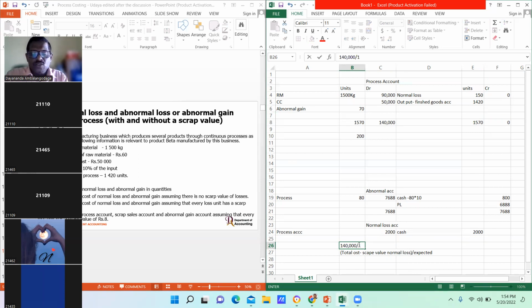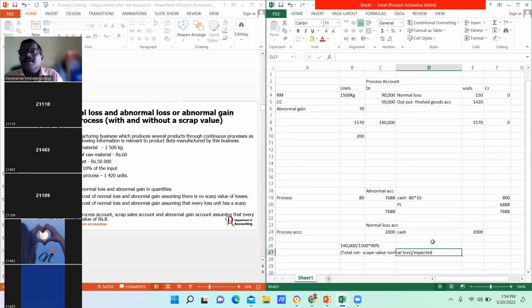Expected value is, you insert 1,500 and you expect 90%, multiplied by the 90%. Is it clear? Just see the 90%, not the 90. The percentage has to be put, right?